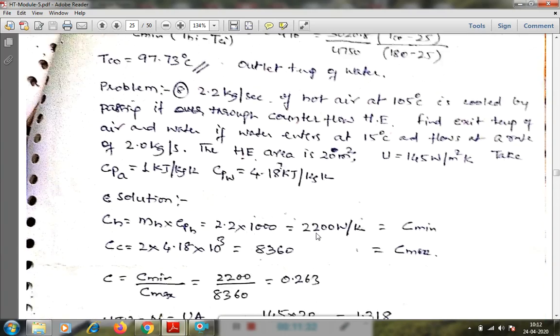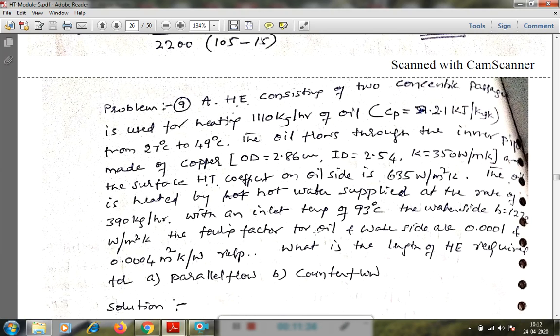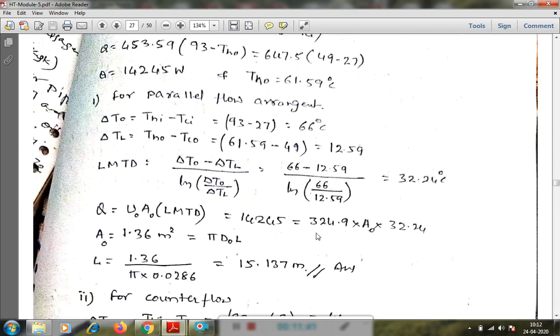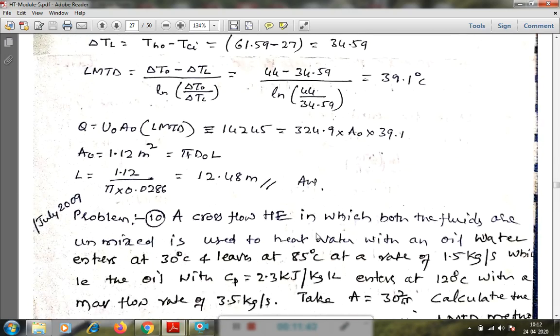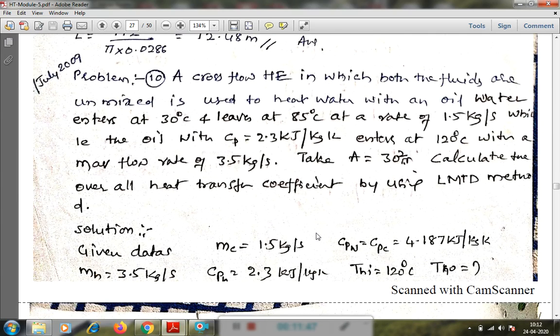Then, by taking the correction factor, we find the corrected LMTD, and that corrected LMTD we substitute to find the heat transfer or anything. Okay, that is one. This is the cross flow heat exchanger.